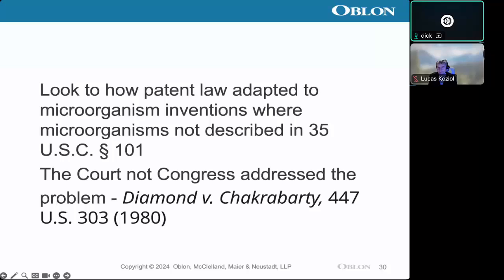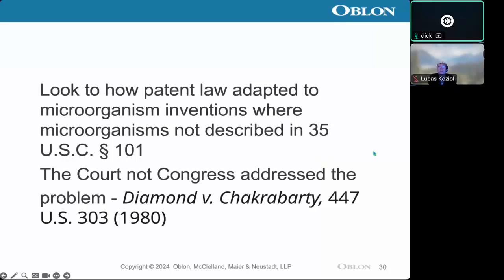Well, microorganisms, which really weren't describable. You describe it as a microorganism found on the north slope of Mount Fuji, and you might be using that to grow an antibiotic, which is in fact where some of the antibiotics came from. How are you going to describe that to comply with the 112 requirements? How are you going to do it to comply with 101?